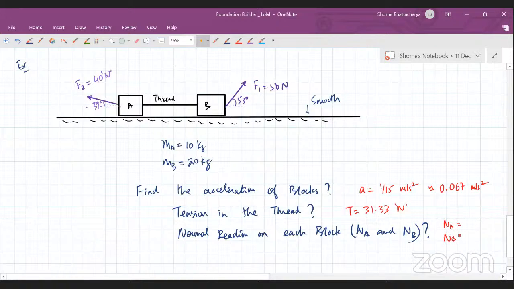And the normal reactions you will get will be 76 newtons for A and 160 newtons for B, assuming g is 10, which you should take.